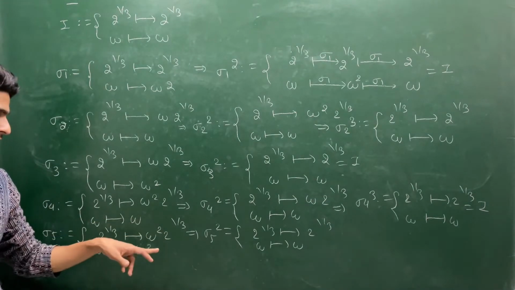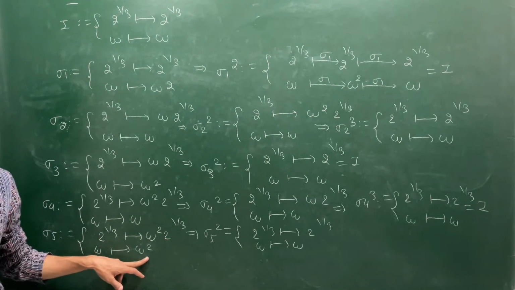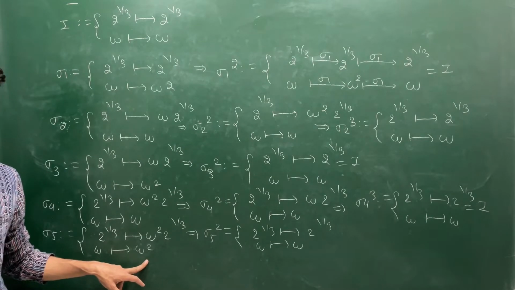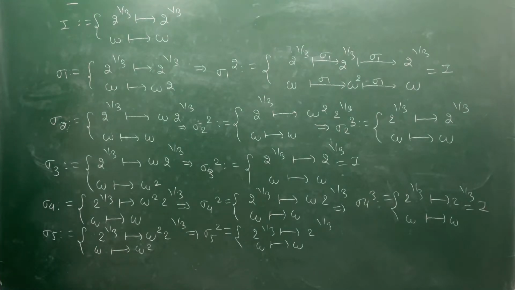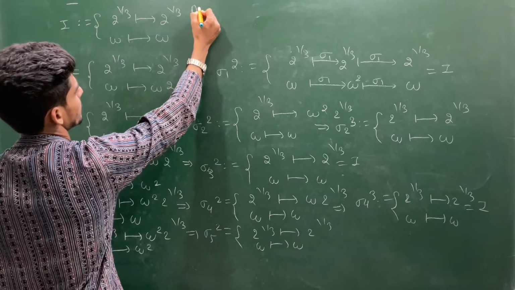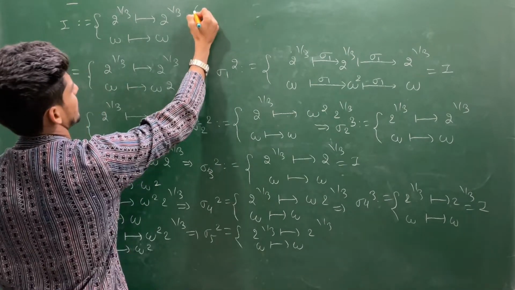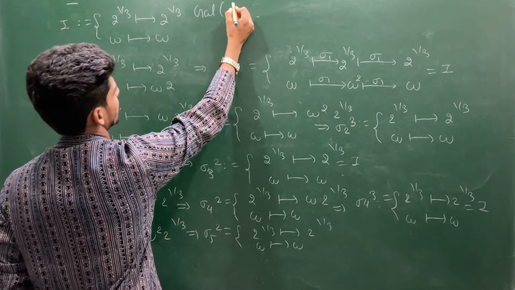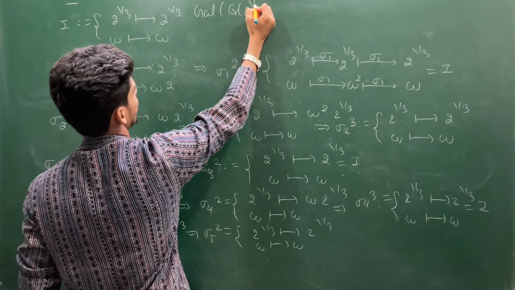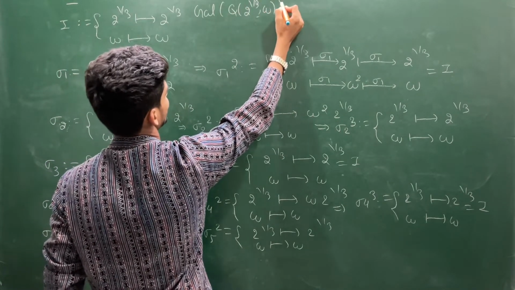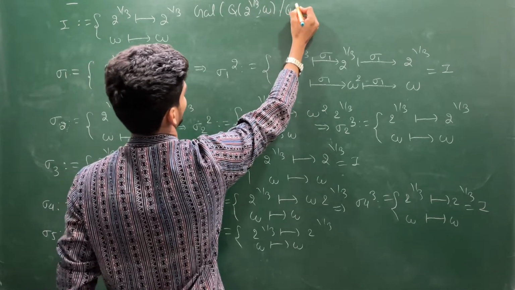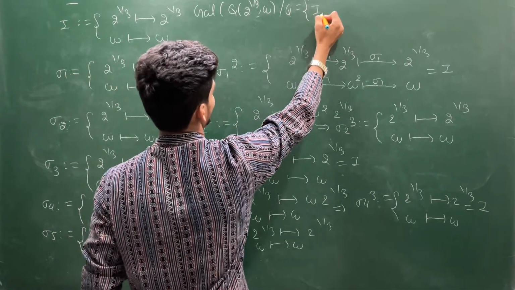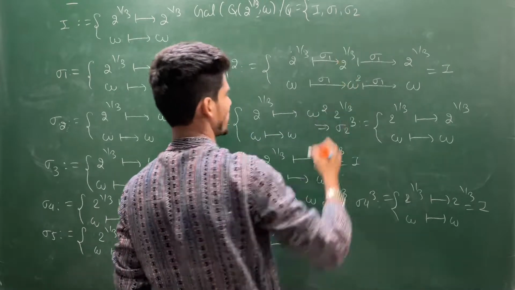So if you take sigma 5 again, you will have omega to the power 4, but omega power 4 is the same as omega, because omega is the third primitive root of unity. So these are precise elements. So if you see this automorphism group, or rather let me call it the Galois group of Q adjoint 2 power 1 by 3 comma omega, this is identity, sigma 1, sigma 2.